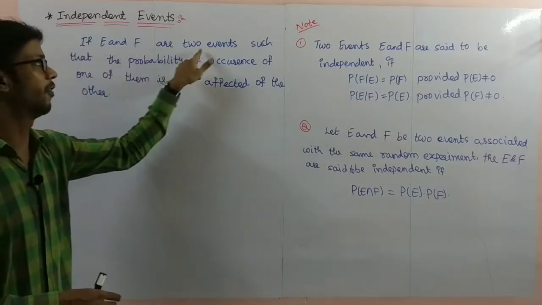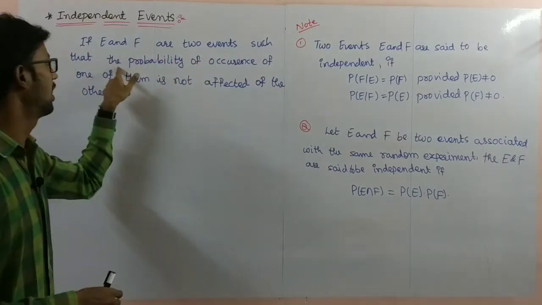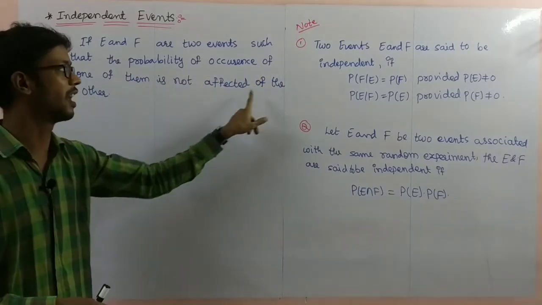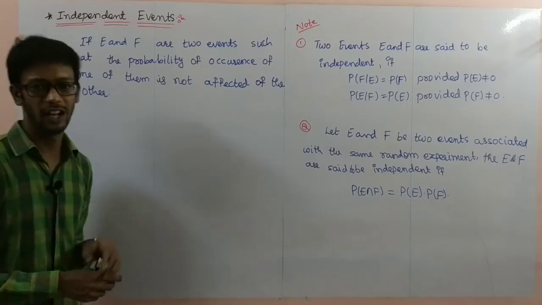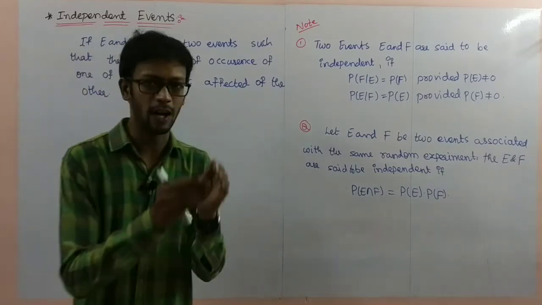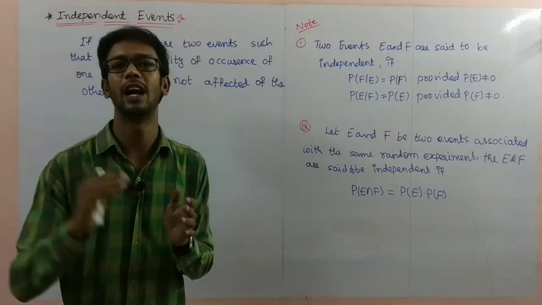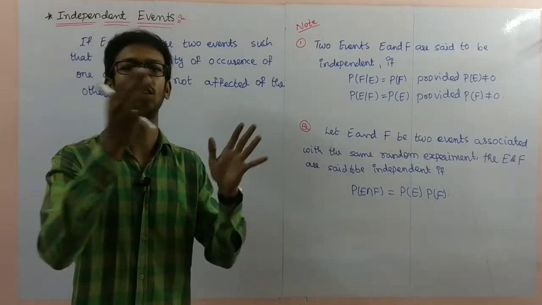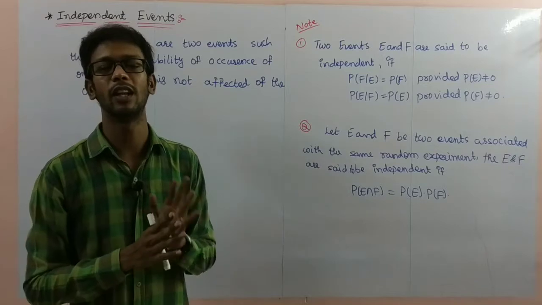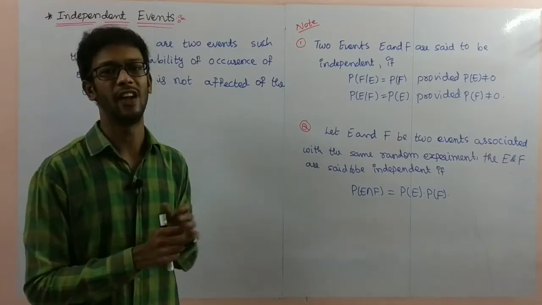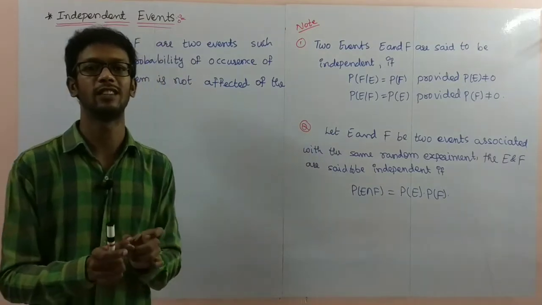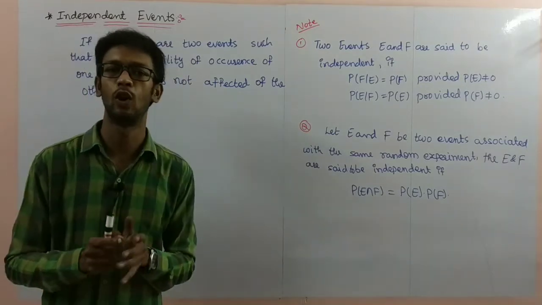If E and F are 2 events such that the probability of occurrence of one of them is not affected by the other, so the probability of one event is not affected by the other event, and that event is also not affected by this event, there is no effect by the other event, then that type of 2 events is called independent of each other.